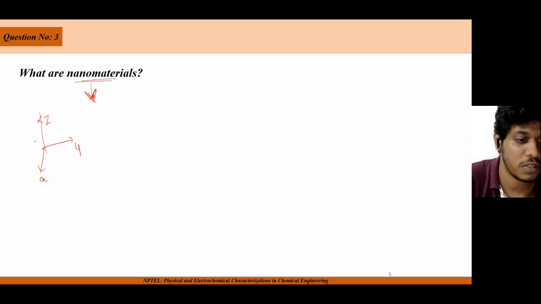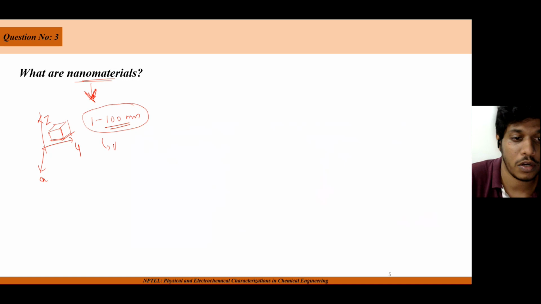If any one of these dimensions has a value in the range 1 to 100 nanometer, then we can call this a nanomaterial. And if any one of its dimensions, either length, breadth, or height, is in the range 1 to 100 nanometer, then we can call this a nanomaterial.